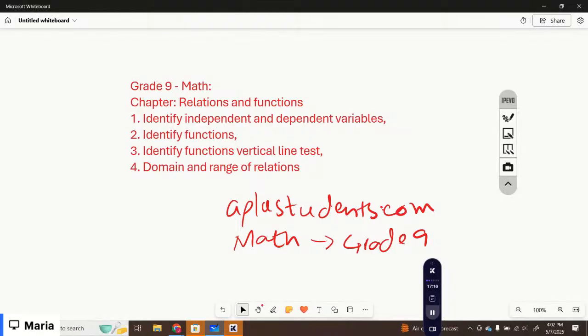We're going to start with the chapter relations and functions. The lessons we're going to cover today are identify independent and dependent variables, identify functions, identify functions with the vertical line test, and domain and range of relations.